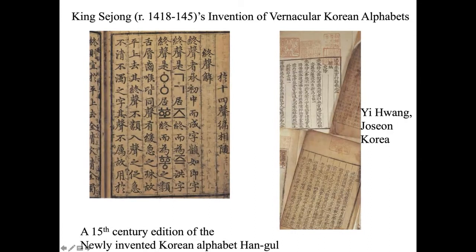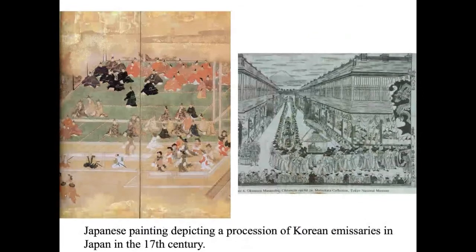So he invented these characters. Farmers, women, and less educated citizens were able to read some practical documents, such as agricultural manuals or writing letters to family members. So they learned other skills.